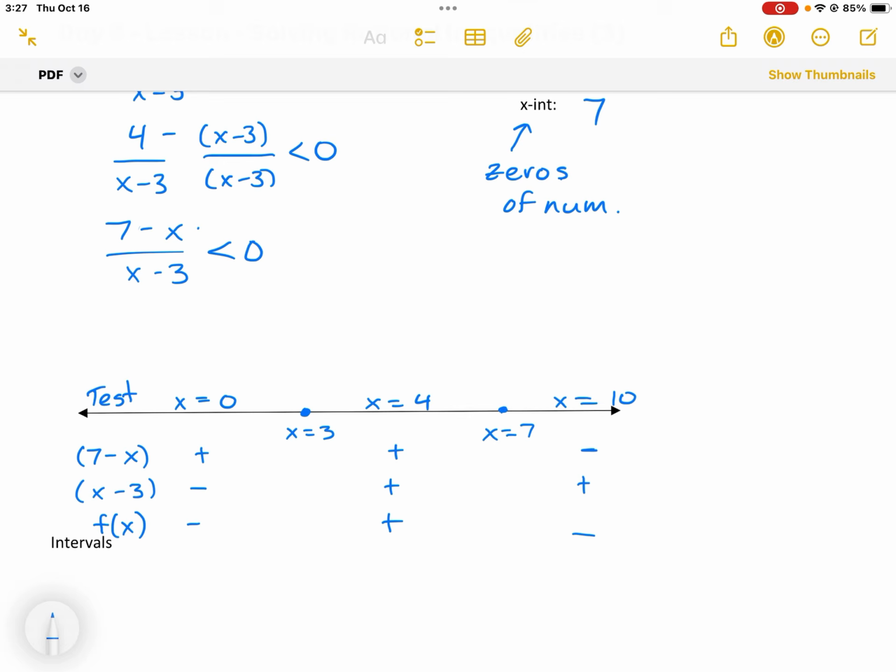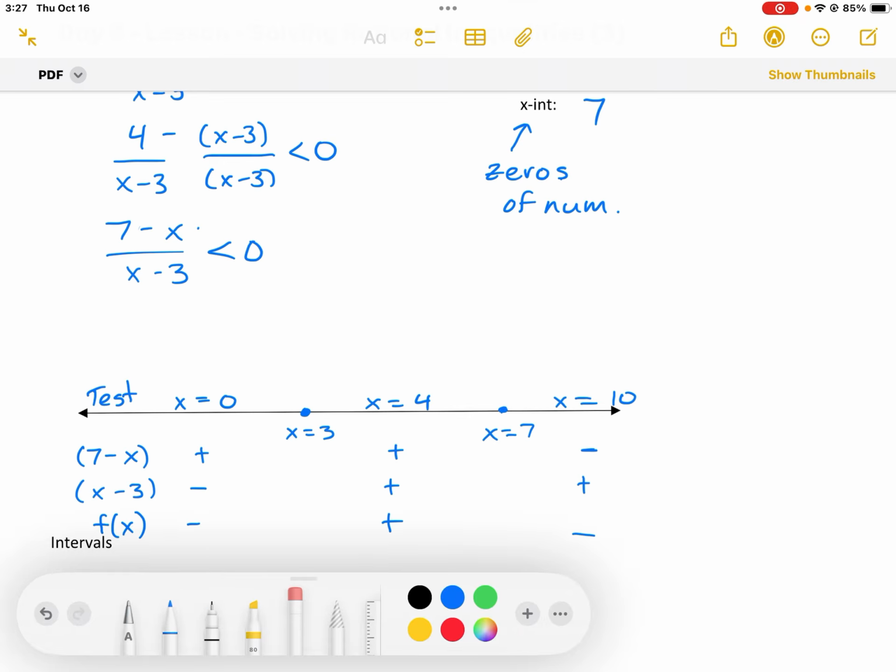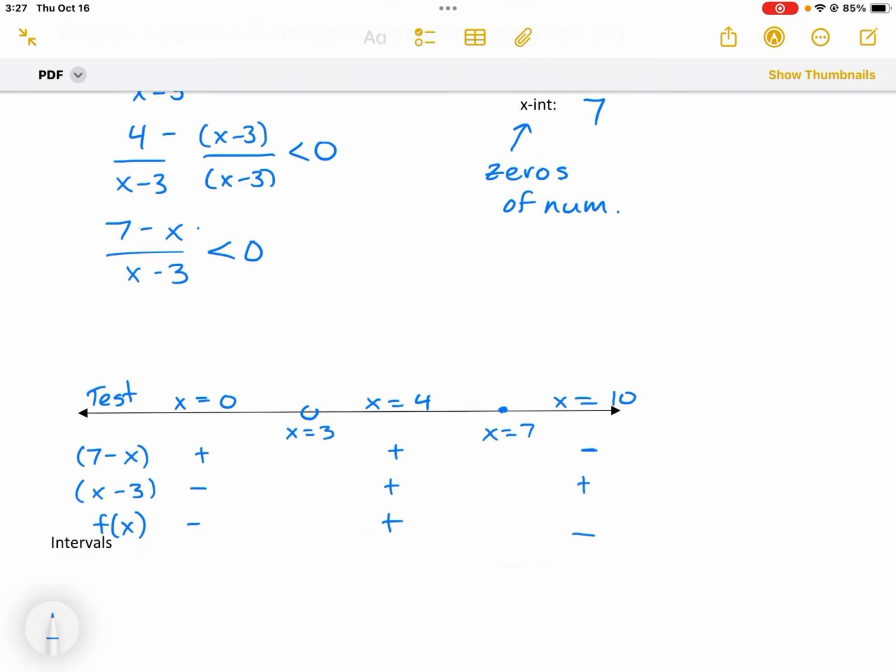If it helps, what I can do is add some things here. So x equals 3. This is a vertical asymptote. So I'm going to use an open circle to represent that. And then I can label my intervals to make it easier for me to interpret my intervals that satisfy my inequality.